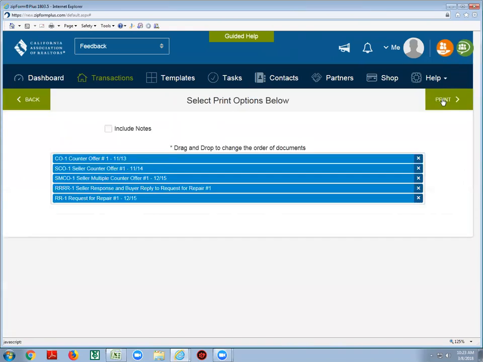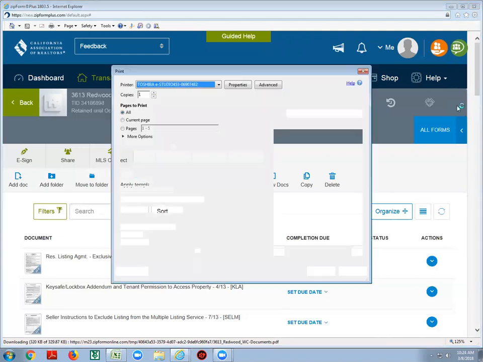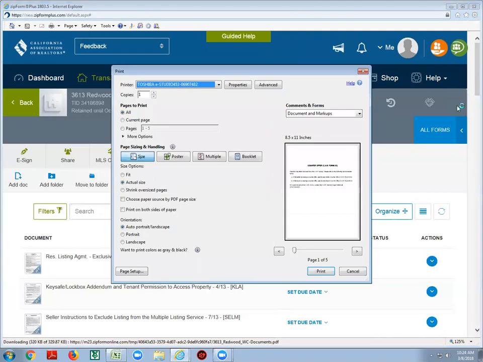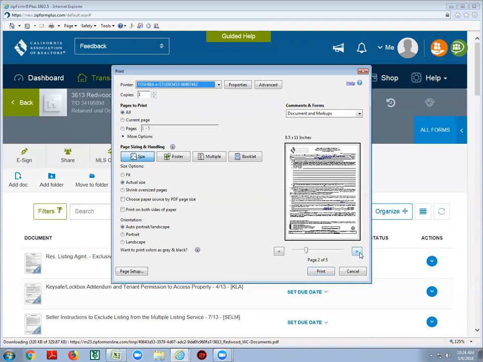Let's see if I click this, including the no. Print, yeah. How many copies? 10, and one more. Okay, 12. Let me go ahead and print 12 copies.